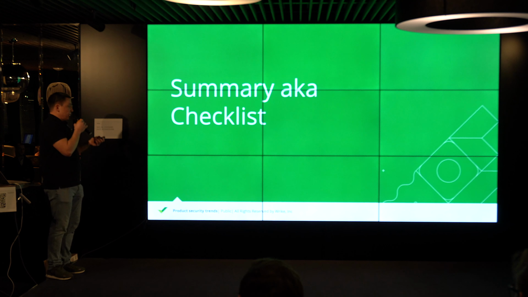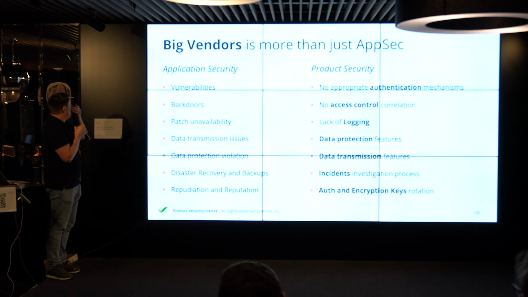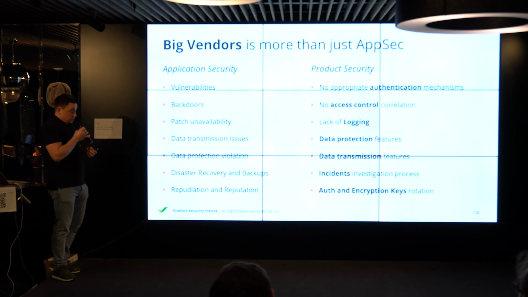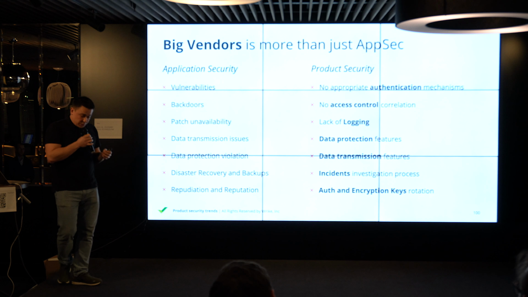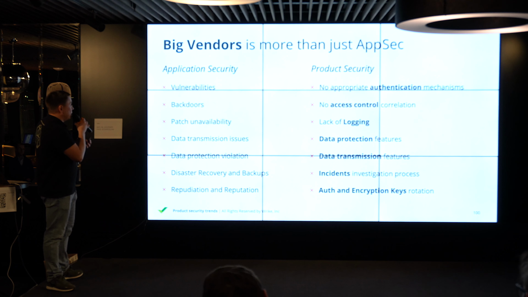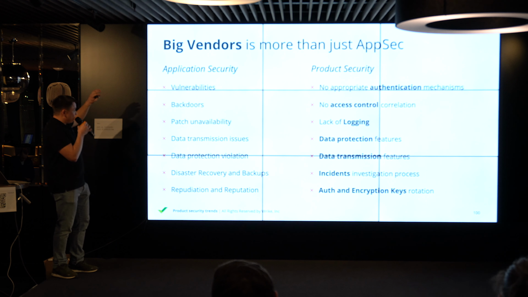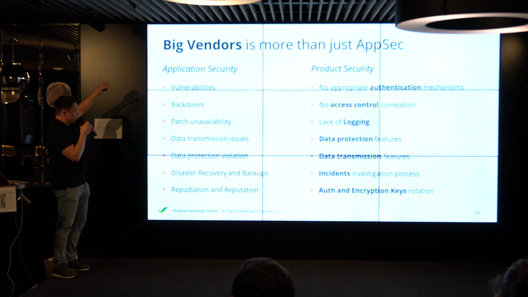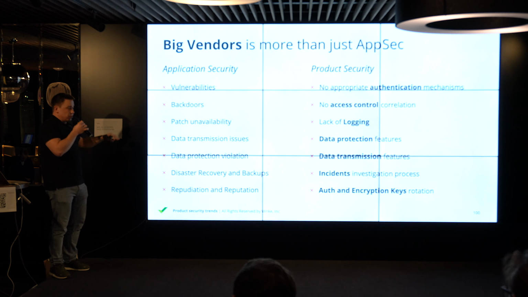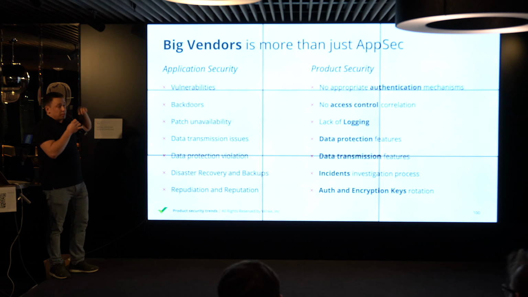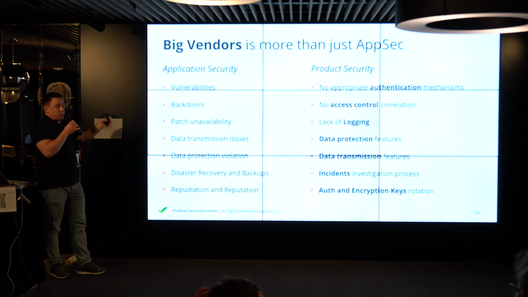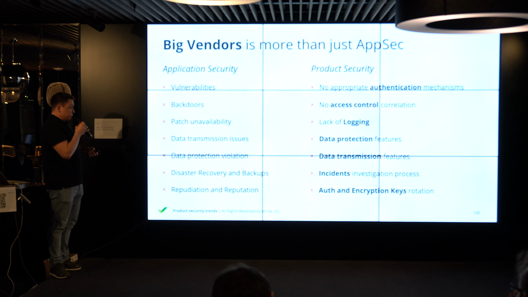Summary and short checklist, as I promised. Big vendor. What I said in the beginning, it is more than just application security things. So the key things in application security are vulnerability and backdoor, and all of them can be reviewed and mitigated by your application security team.